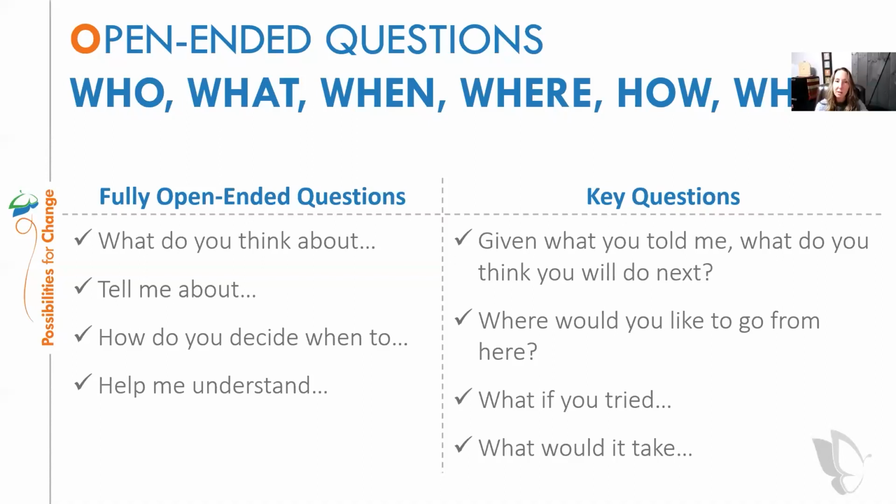And if you look at the check marks under fully open questions here, you can put a starter like help me understand in front of it that can help take off that reaction to why. So if you say something like, help me understand why you've decided to stop taking your medications, instead of why aren't you taking your medications? Or help me understand why you're not using condoms.